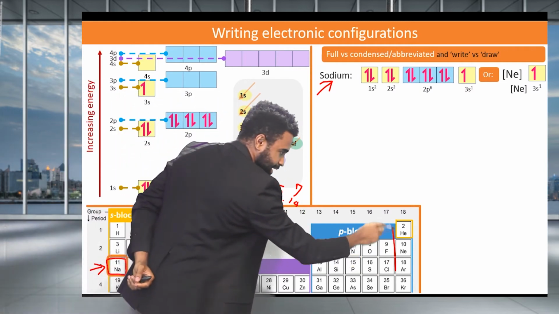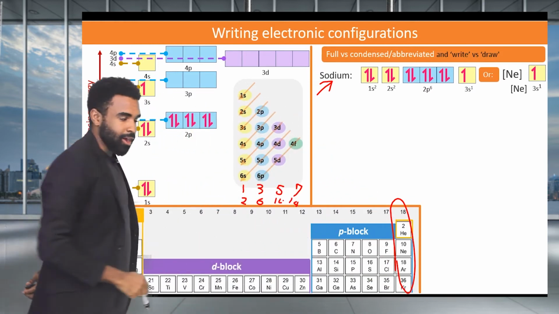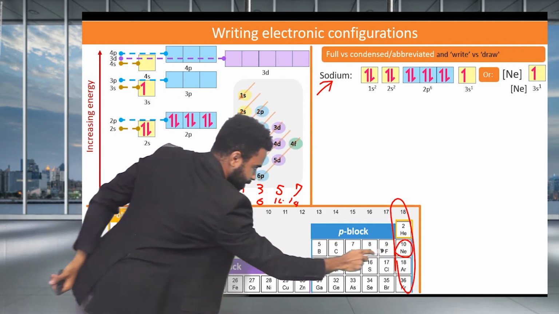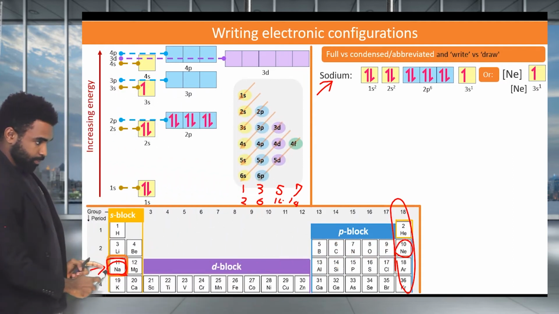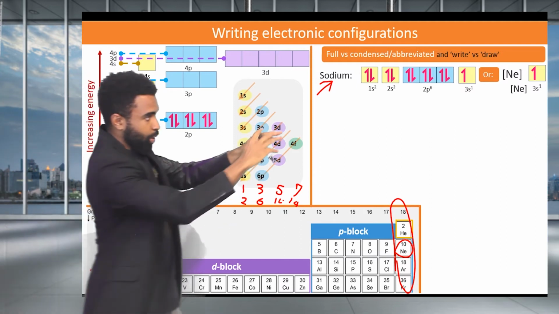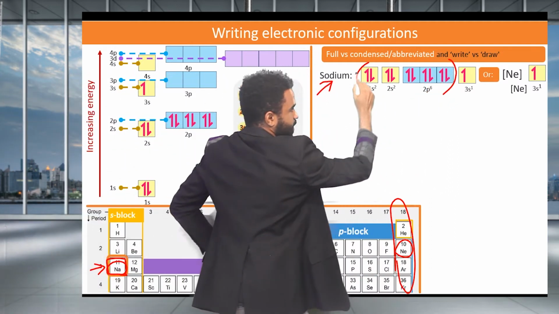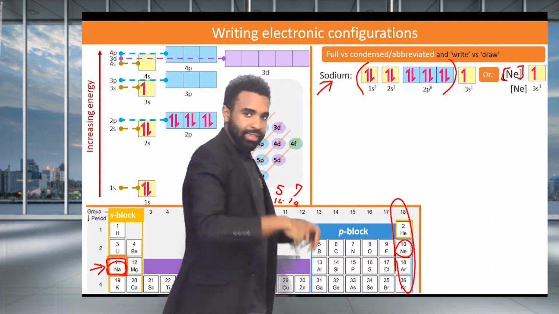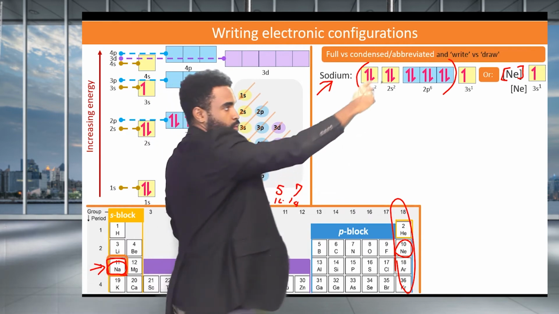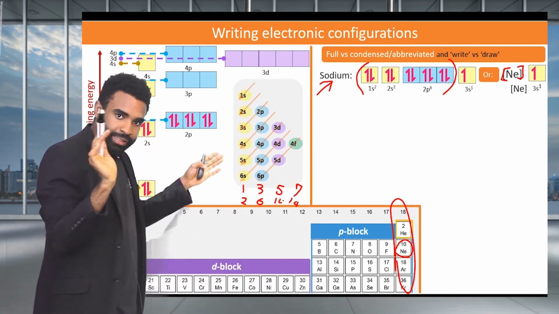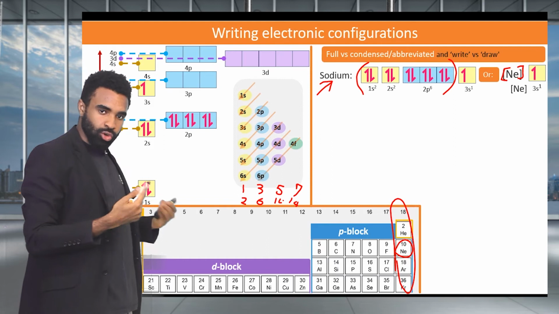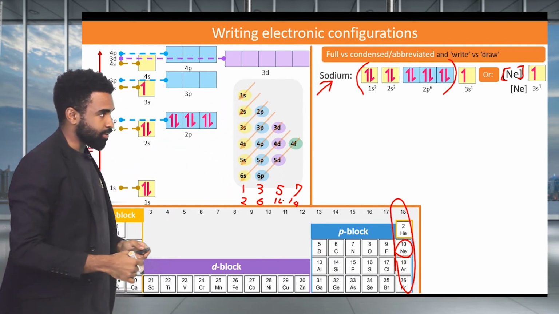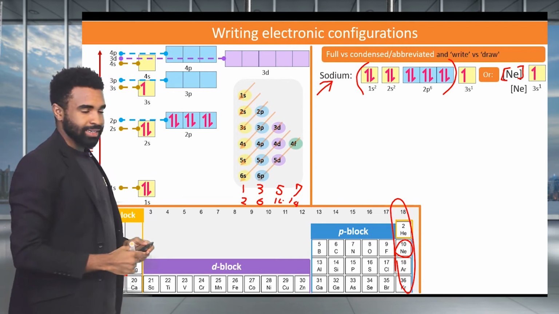For sodium, it would be neon, right? Because we have neon here, and then after neon, we move over to sodium. So we group all of neon's configuration into one, squeeze it and put it between square brackets and call that neon. Then we put the other stuff. That's how to condense. You just condense to the last noble gas and only include the valence electrons after the noble gas configuration. So that's how you do a condensed one for sodium.